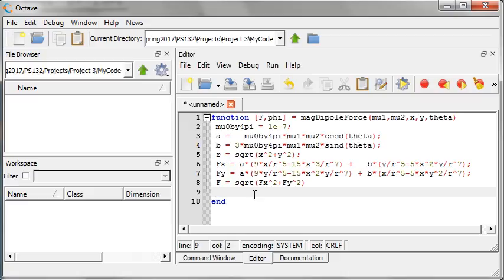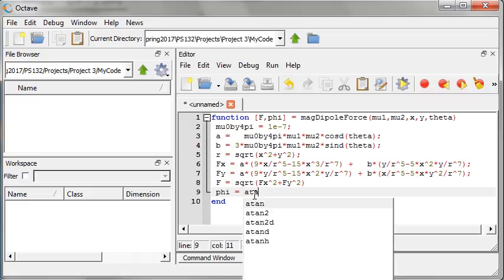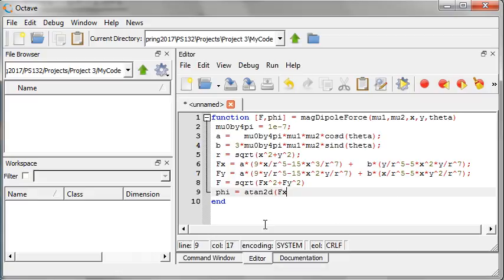I want phi equals a tan, ooh, that looks perfect, a tan 2 d, a tan 2 d of fx comma fy. I want to just play around with that in the command window to make sure it is what I think it is.